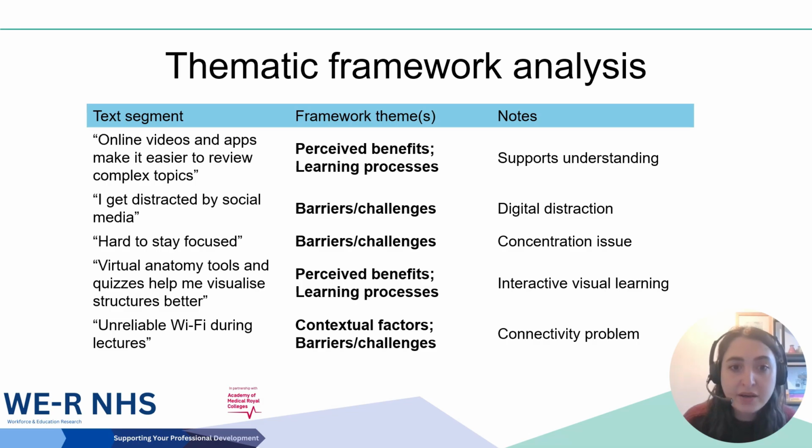You can see here, for example, that the comment, "I find it hard to stay focused," has been coded under the barriers and challenges theme. And unreliable Wi-Fi during lectures has been given a couple of different framework themes, so both contextual factors and barriers and challenges. It's good practice to also take some notes when you're doing this stage of thematic framework analysis, as this can help you in the next step when it comes to identifying and writing up your themes.